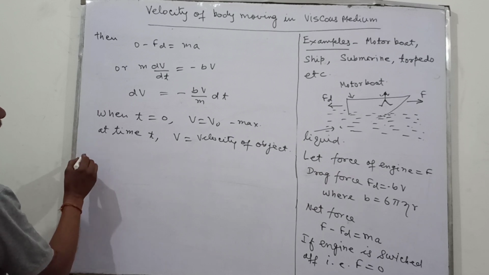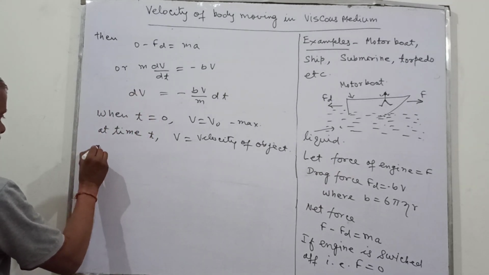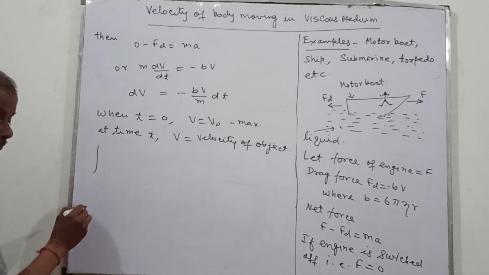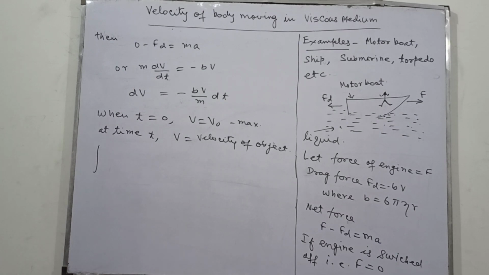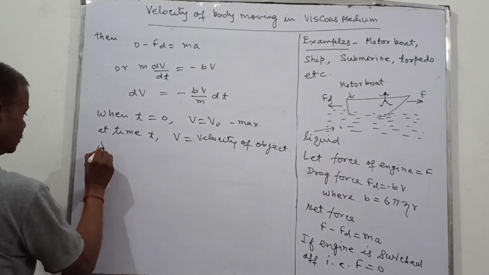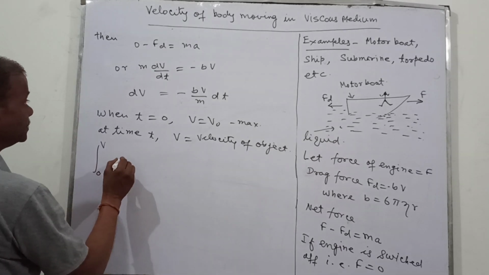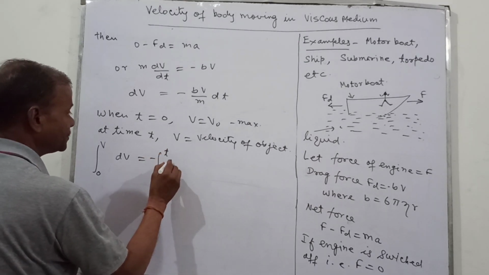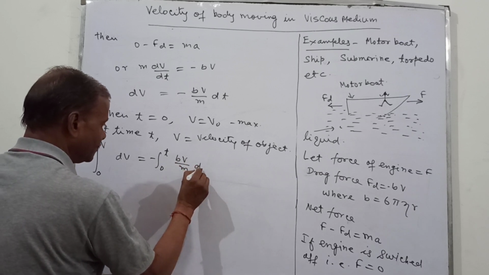Now we will integrate this from 0 to v, dv equals integration 0 to t with a minus sign, b v upon m into dt.